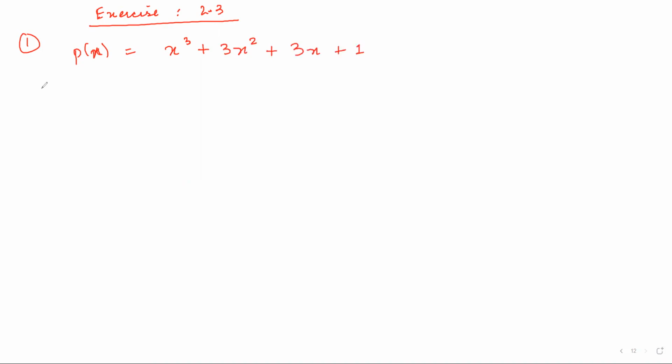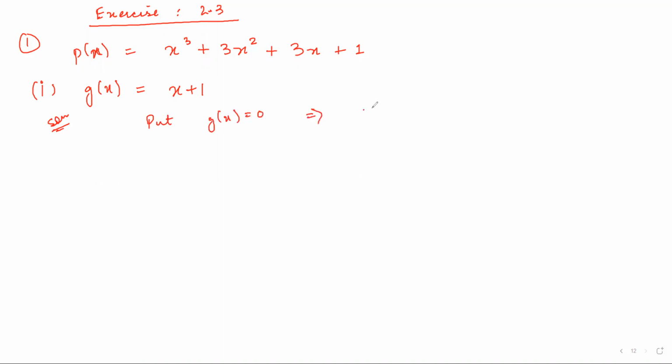It is divided by, let's call it g(x). So g(x) is equal to x plus 1. So p(x) is being divided by g(x). You have to tell how much is the remainder. How to solve it? First, put g(x) equal to 0.